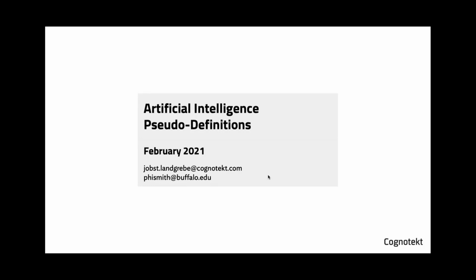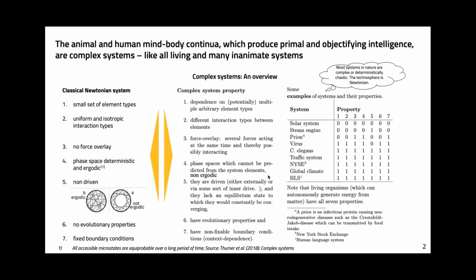But before doing this, I need to introduce our view of complex systems because we will need this later on in the talk. So I'm starting with 2 slides about complex systems, and then we'll move to the definitions of intelligence. So what is a complex system? Why do we need to understand a complex system?